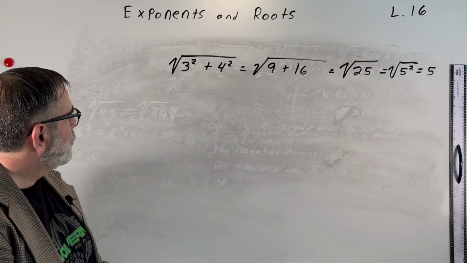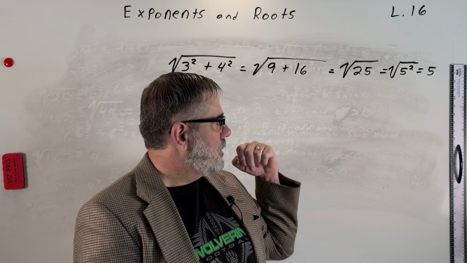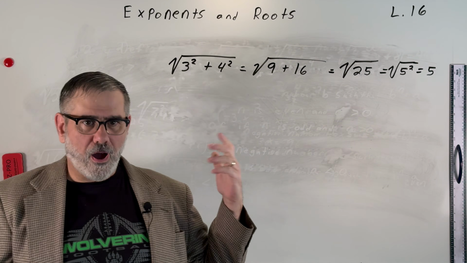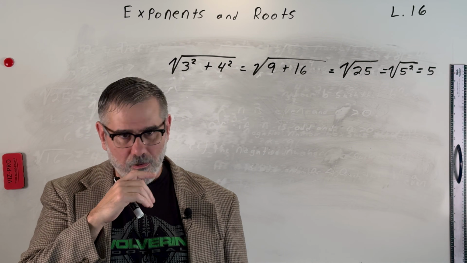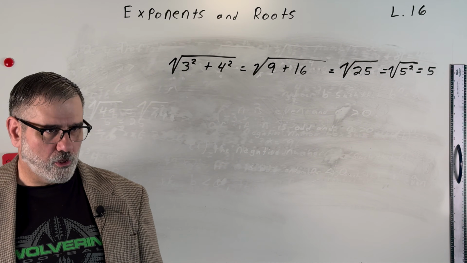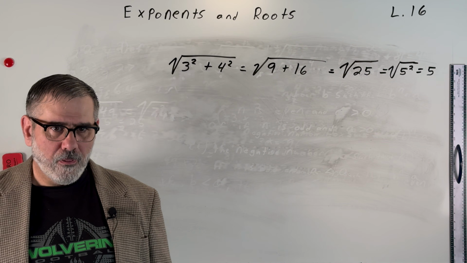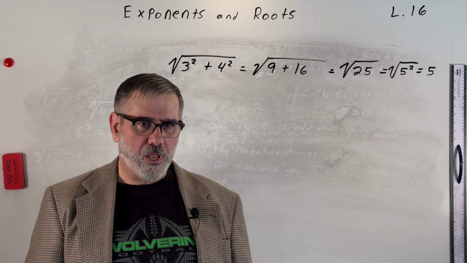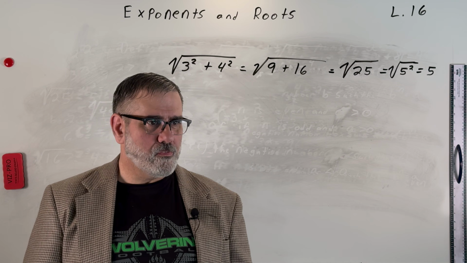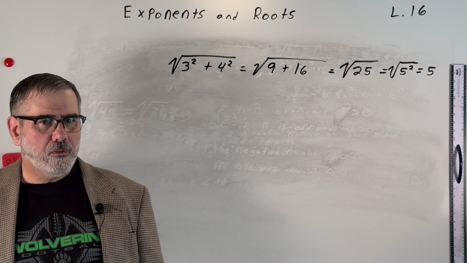Now that, 3 squared plus 4 squared, giving us 5 as the answer, is kind of a famous and important example we'll learn about when we start talking about geometry a little bit and the Pythagorean theorem. This is the simplest set of Pythagorean triples, the 3, 4, 5 combination. And so we'll see this again when we do a little bit of a geometry of triangles.